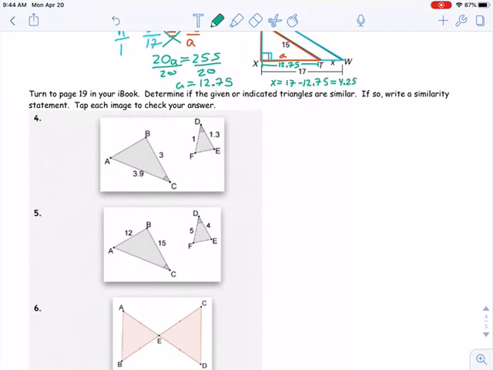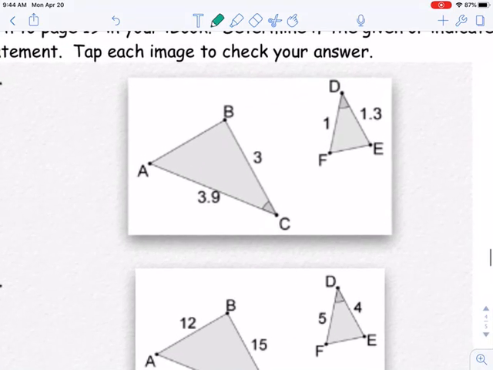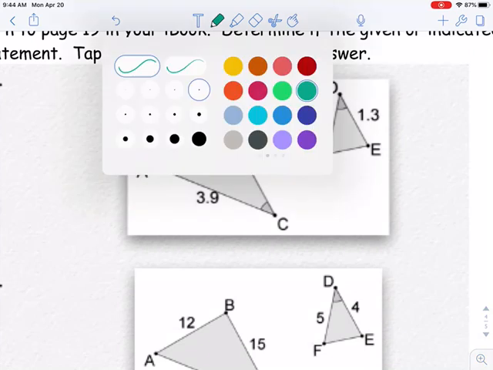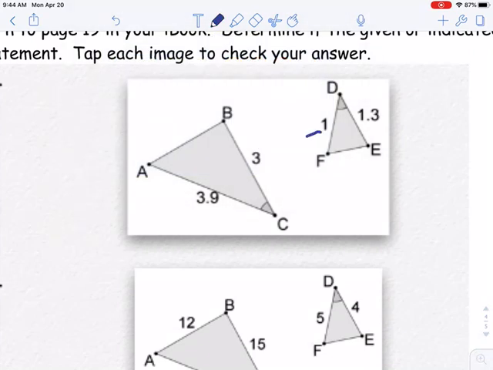Determine if the given or indicated triangles are similar. If so, write a similarity statement. Tap each image to check your answer. All right. So notice really fast that to go from 1 to 3, you're multiplying by 3. To go from 1.3 to 3.9, you're multiplying by 3.